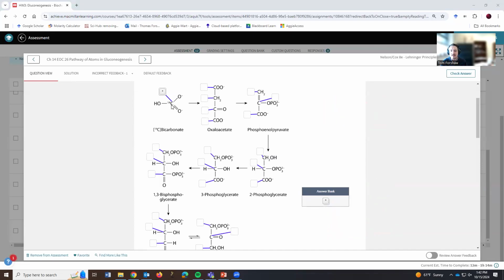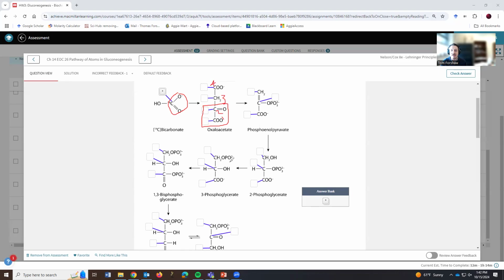So here's the carbon, and here's the CO2. It's going to add on to the end furthest away from the keto acid. There's the keto acid. So it's 1, 2, 3.